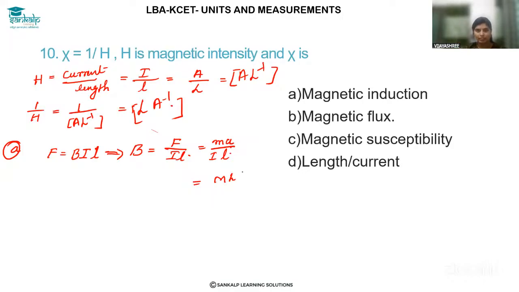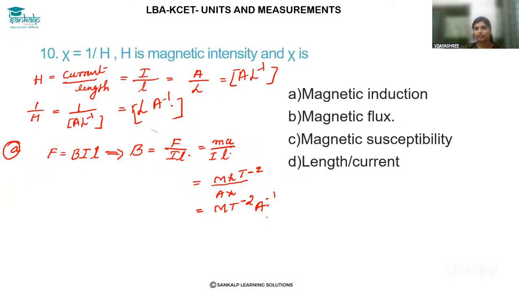Divided by current, whose dimensional formula is A, and length L. Simplifying, L gets cancelled, and we get M T raised to minus 2 A raised to minus 1.